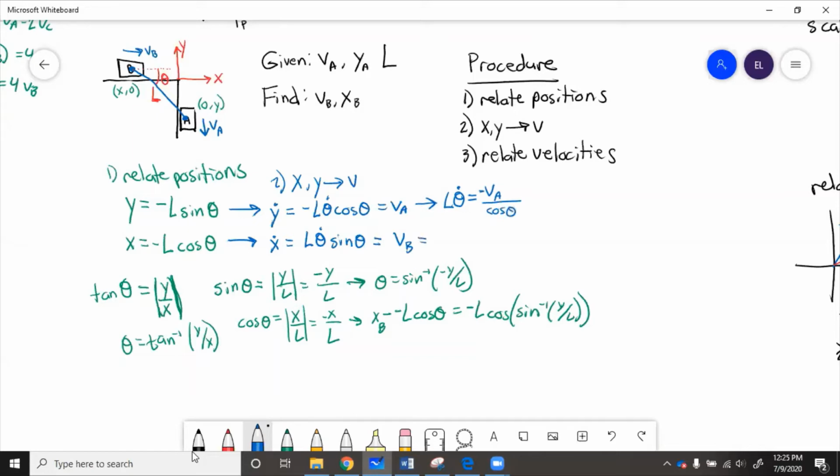When we plug that into here, VB equals negative VA over cos theta times sine theta equals negative VA tan theta. So first we related positions here. Next, we took the derivative, found velocity, and then 3, we related the velocities.